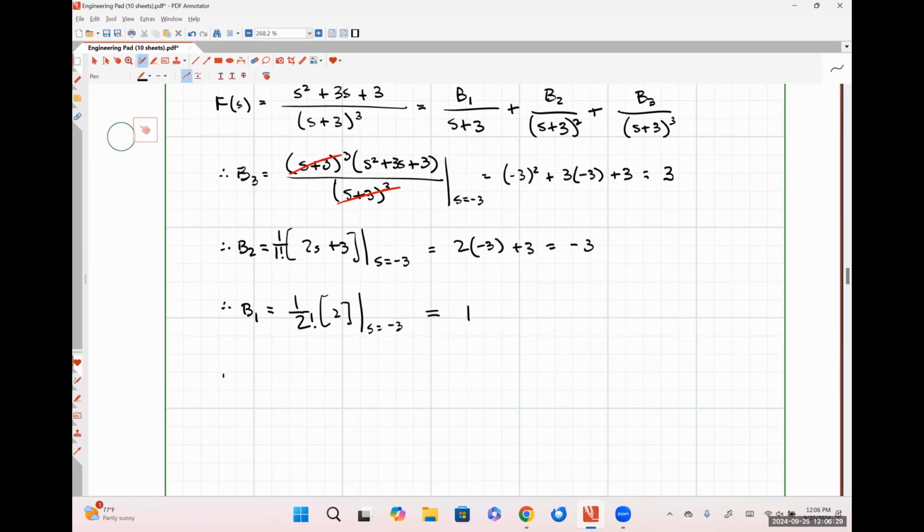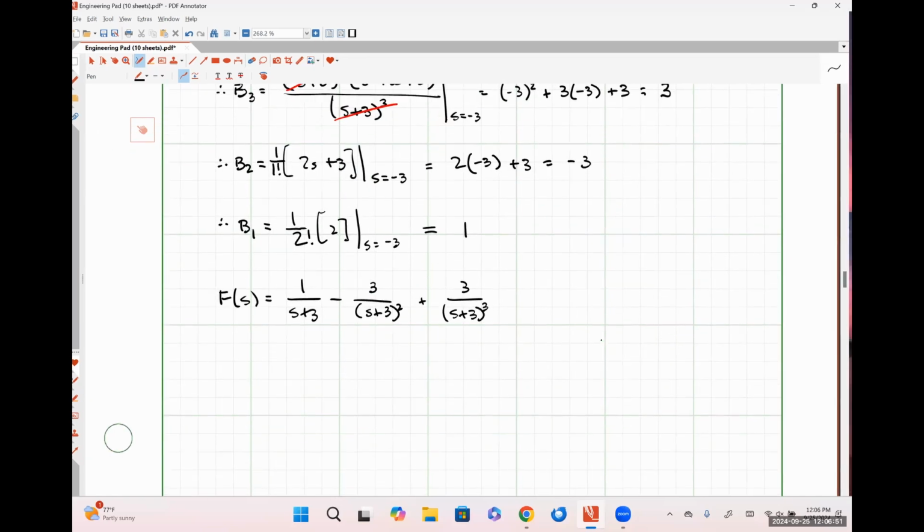So f of s would be written as 1 over s plus 3, minus 3 over s plus 3 squared, plus 3 over s plus 3 cubed.